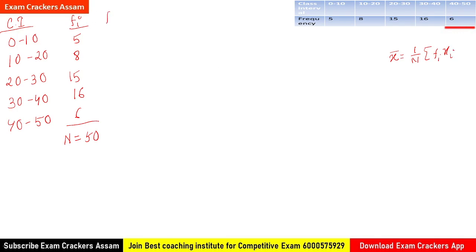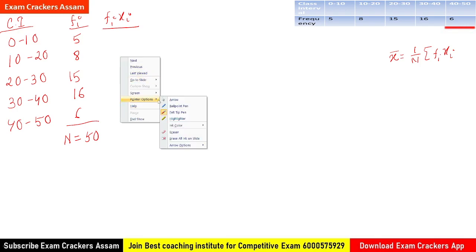For summation fi xi we need fi xi. We get it from xi, right? Here class intervals are given, not single points. So our first task is to find the xi's. Okay. So let me erase this.